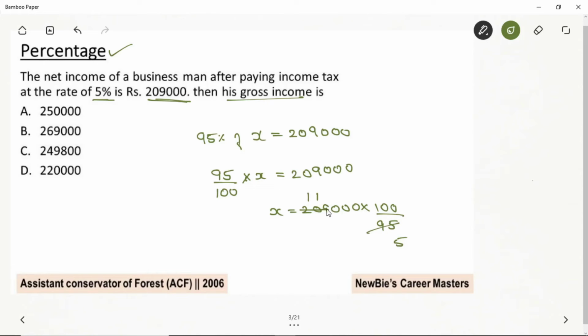That will become 19. That's why I've taken it as 11. 3 zeros. Then we'll come to this 5 1s are 5, 5 20s are 100. Correct. Then the value is 22 and 4 zeros. Then his gross income is 2,20,000. Am I clear? Simple. So you have to take 2,20,000. Option D is the answer.